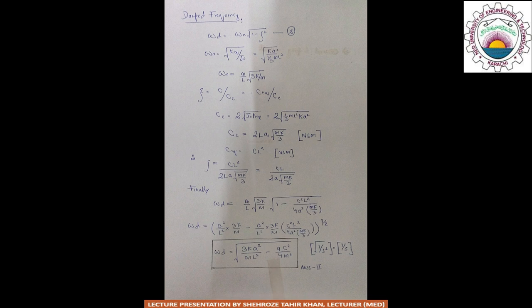By substituting this value of zeta in the formula of damped natural frequency, that is omega d, we get omega d is equal to A upon L under root 3k upon m multiplied by under root 1 minus C square L square upon 4a square into mk upon 3, or omega d is equal to under root 3k square upon ml square minus 9c square upon 4m square.